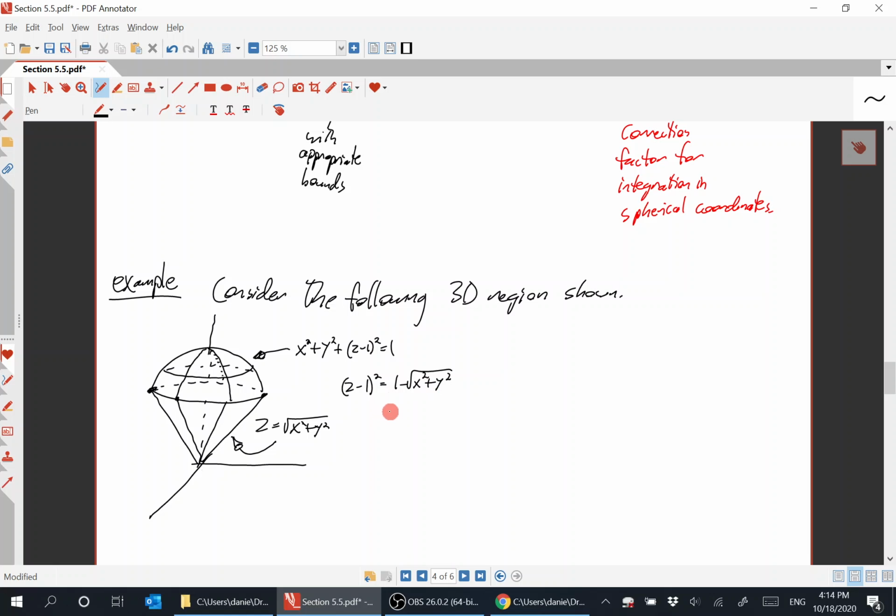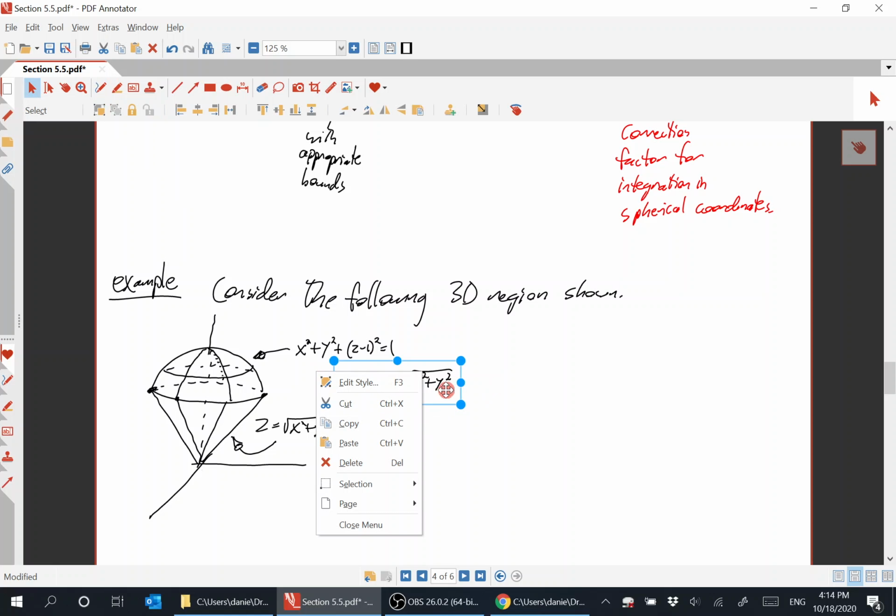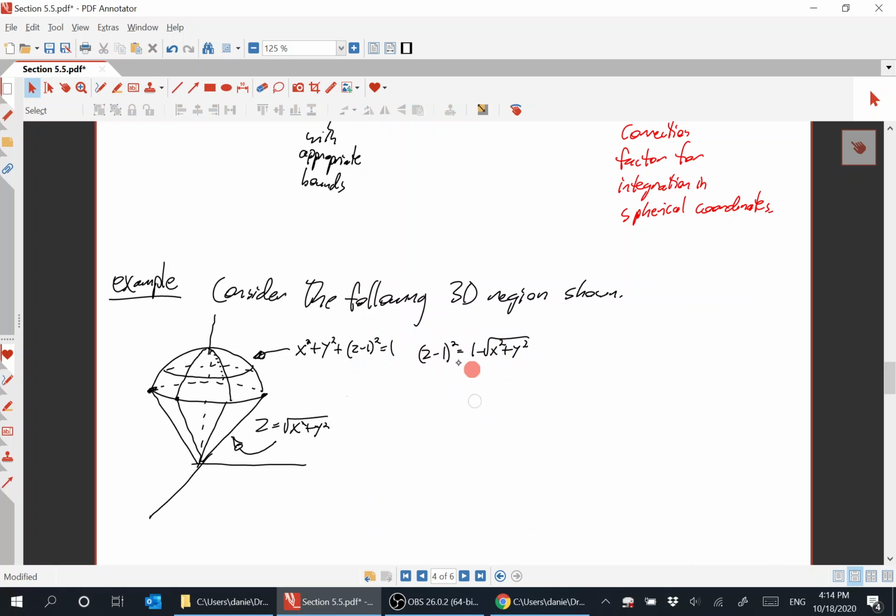So this is z minus 1 squared, so we have, since it's the top half, z minus 1 is equal to the square root of 1 minus x squared plus y squared, and then add 1 to it.